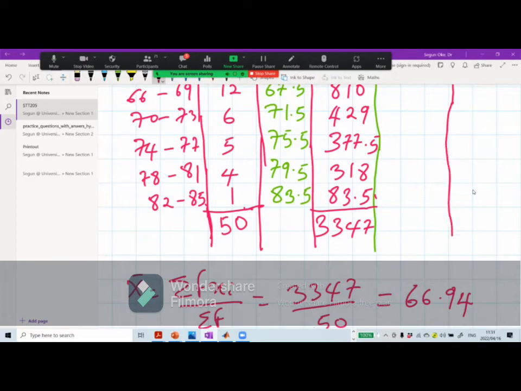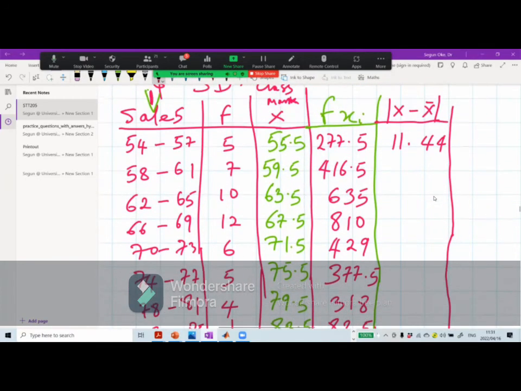So please let's look very well. The next one is 7.44.